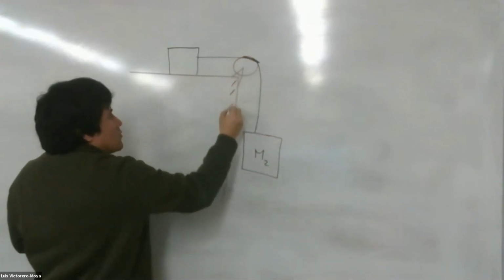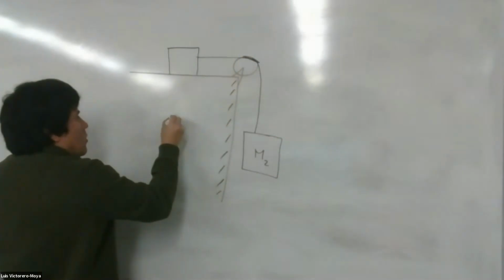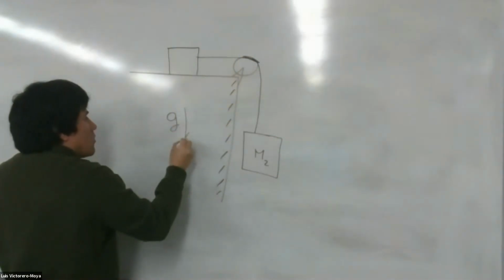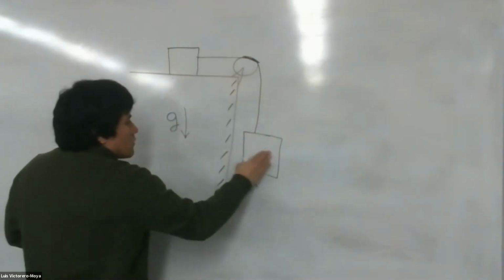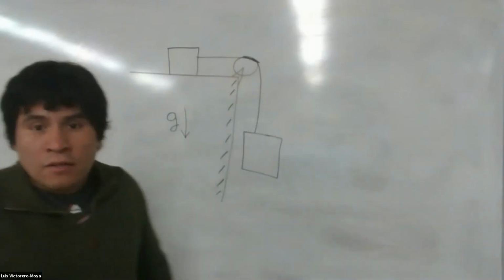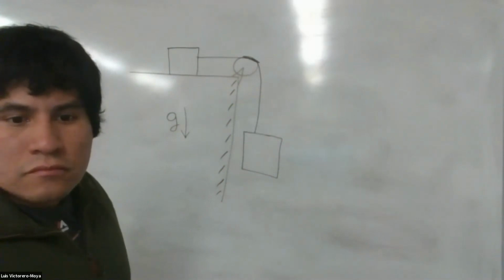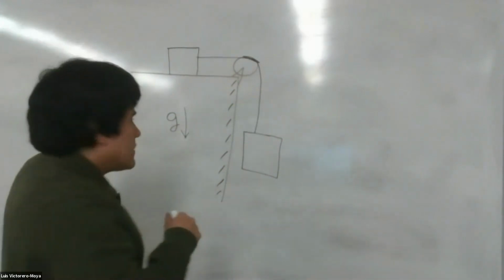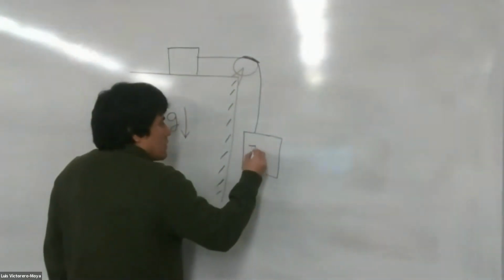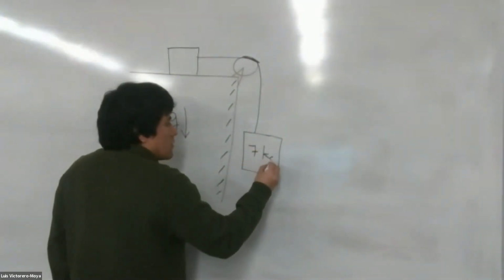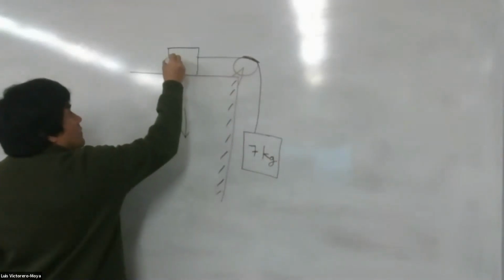Don't forget that gravity is always acting. So let's put the mass values: 7 kilograms and 16 kilograms.